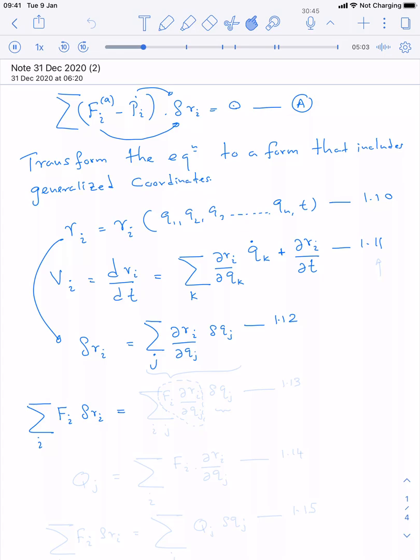So just keeping the Fi as it is, I can substitute the value of delta Ri using this equation. So that will be summed over j, and then Fi times ∂Ri/∂Qj times delta Qj. Right, so this can be written as 1.13.